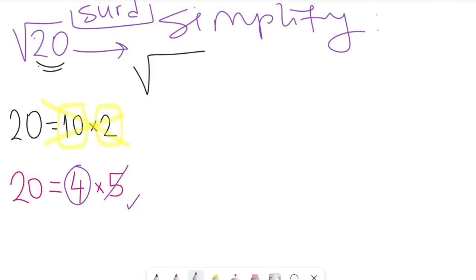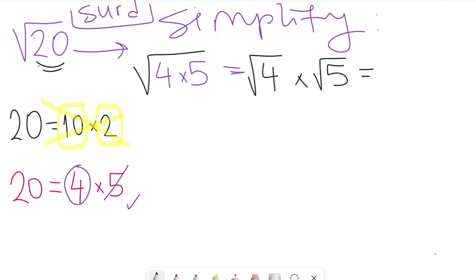So we say 20 is equal to 4 times 5. So square root of that. Now, if we have multiplication under the square root sign, you can simply separate them. So we can say square root of 4, multiplied by square root of 5. Okay?